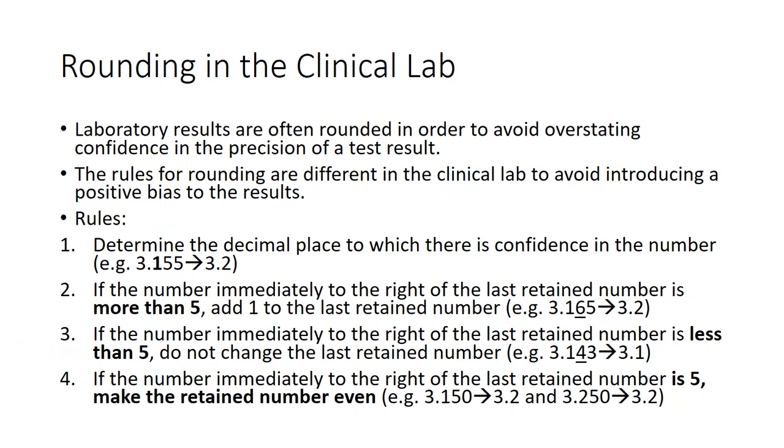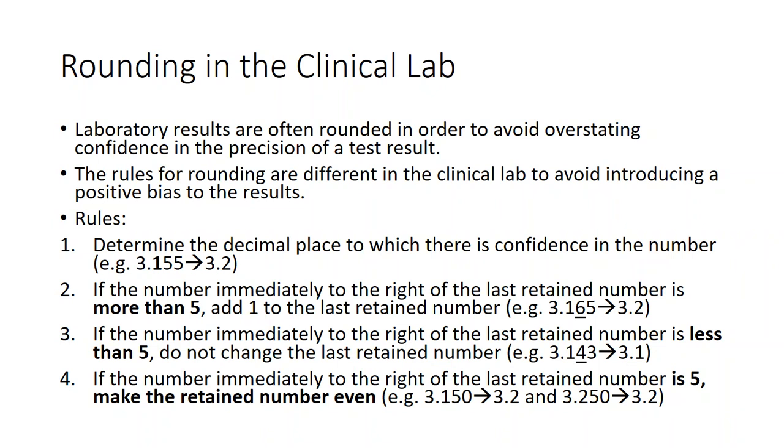For rule 3, if the number immediately to the right of the last retained number is less than 5, you don't change anything, you just keep it as is. So 3.143 goes to 3.1. So this should be pretty standard of what you're used to in math class. It's when we get to rule number 4 that it's kind of different for clinical lab science, so that we don't introduce positive bias.